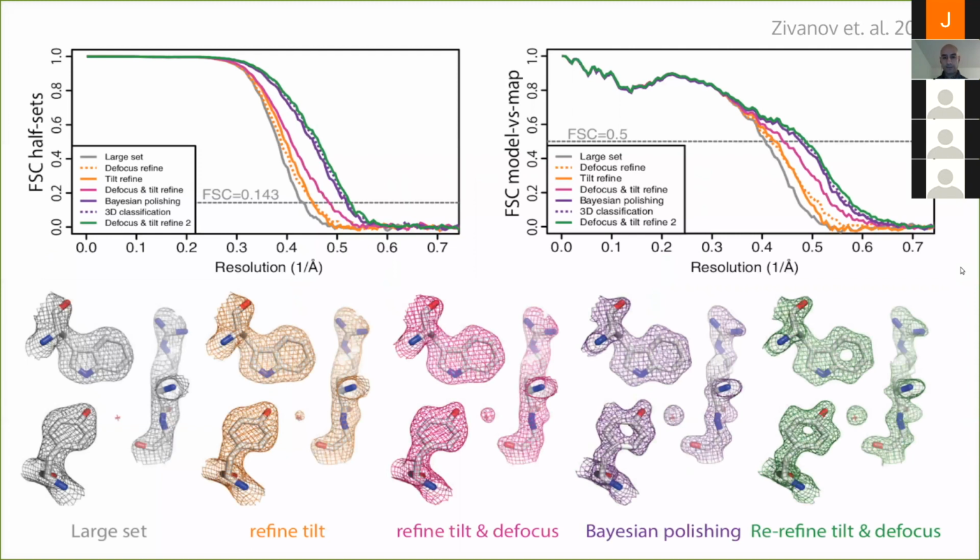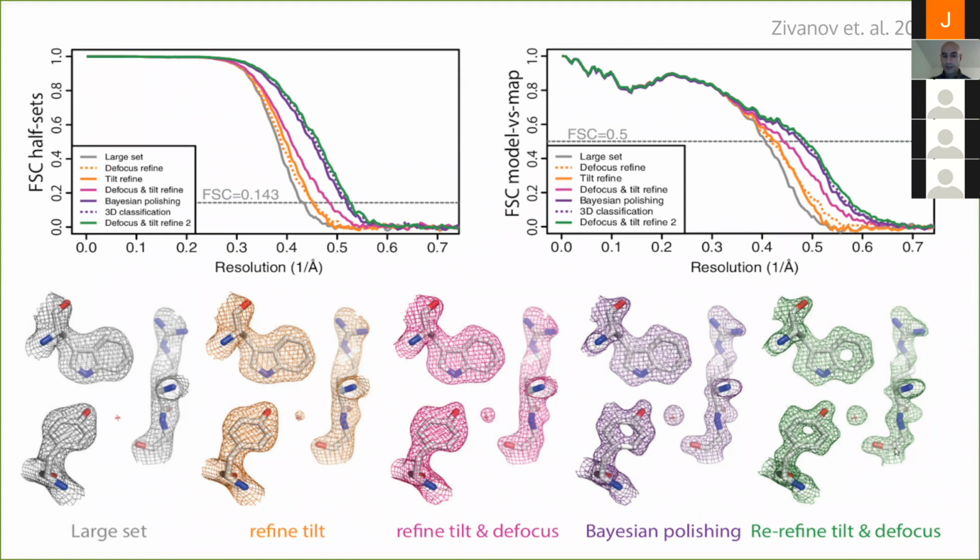A lot of other effort has been put into pushing the high end of the resolution further and further. By high end, I mean that you have a model that goes to a pretty high level of detail, where you can start seeing, for instance here, individual side chains, and then you can use these algorithms to push your resolution further and further.